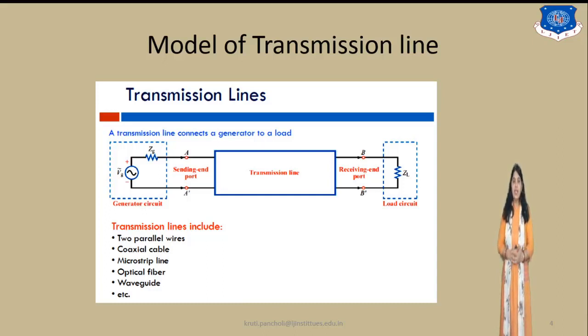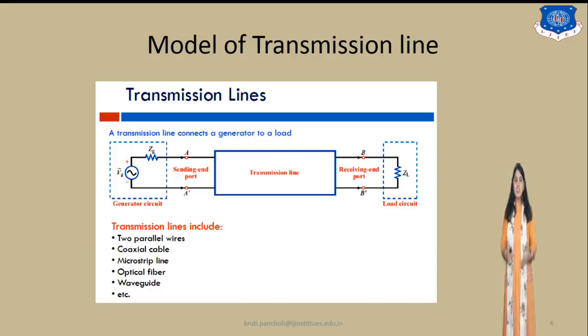Here in the diagram you can see the generating end, where the source is connected with some impedance. The AA dash point is the generating end, or the sending port, and BB dash is the receiving end, where the load ZL is connected.